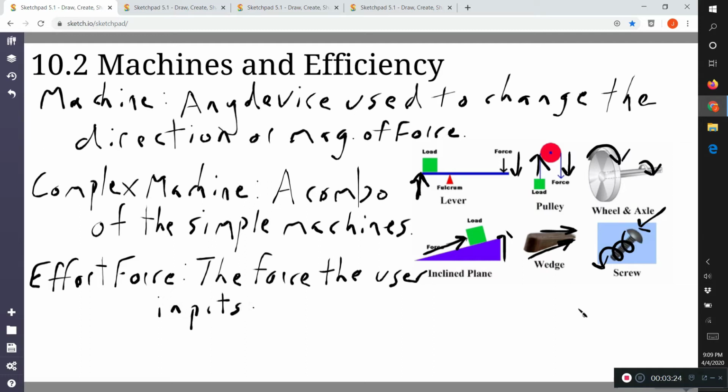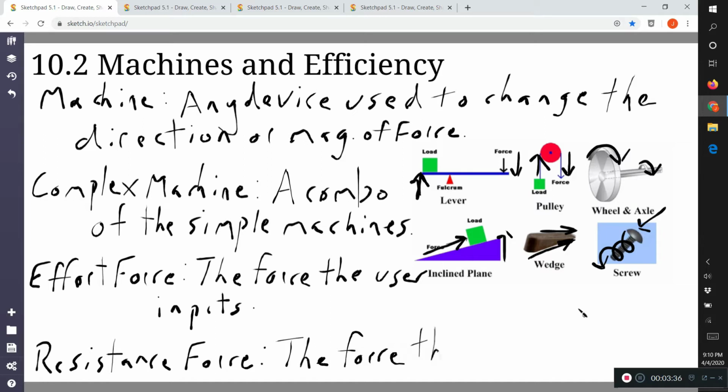And the resistance force is the force the machine outputs. So, in our lever example, when we push downward, that's our effort force, and the force generated by the lever upward would be our resistance force. All right, I'm going to move on.